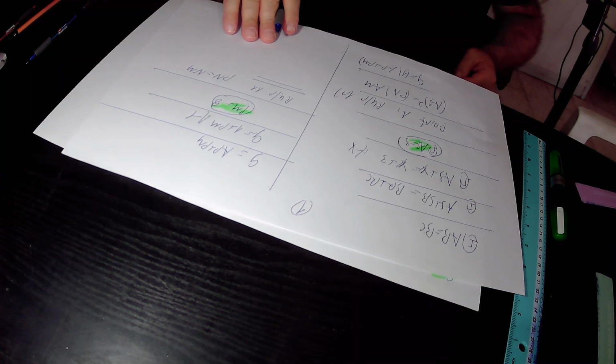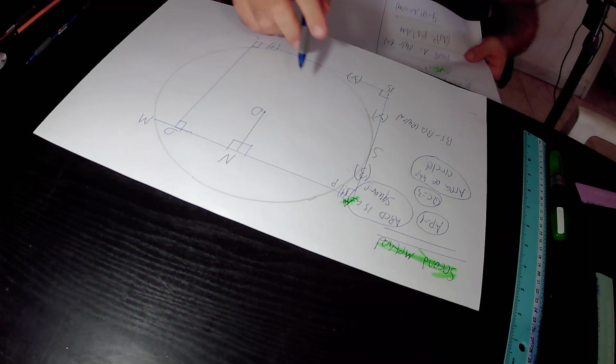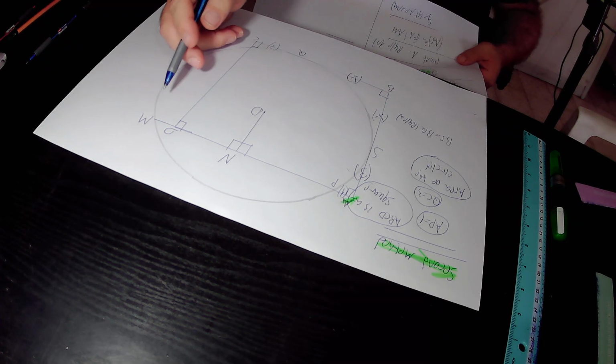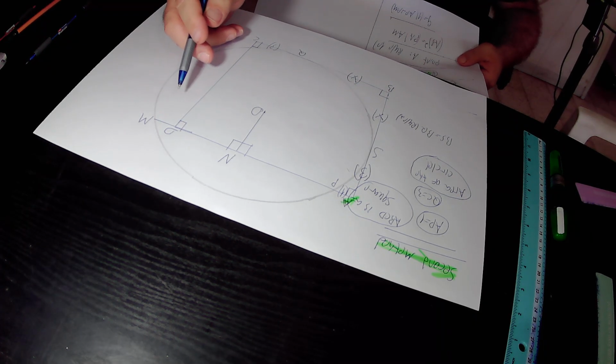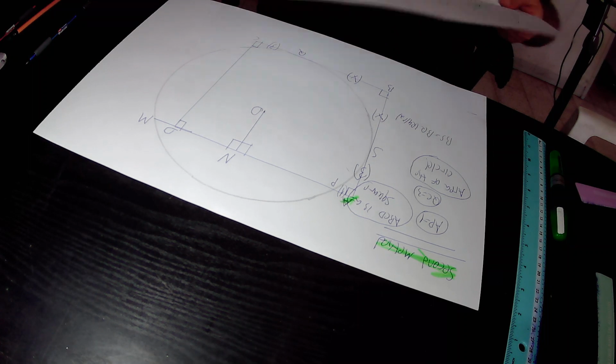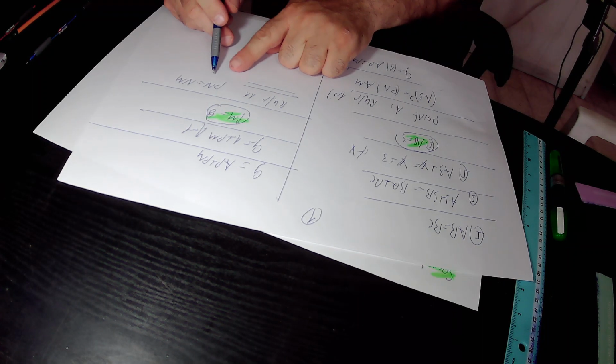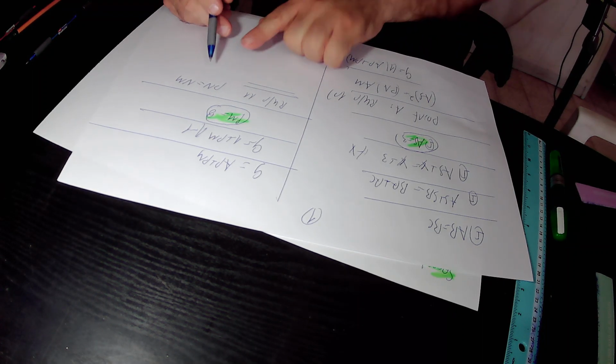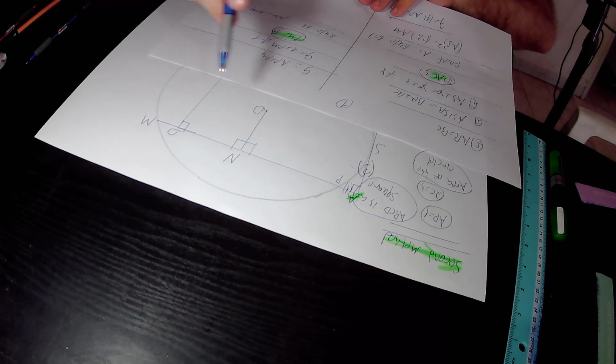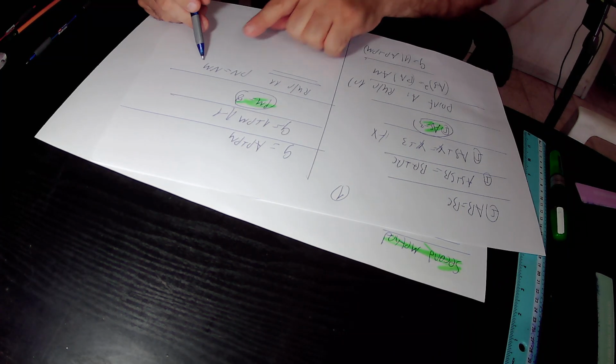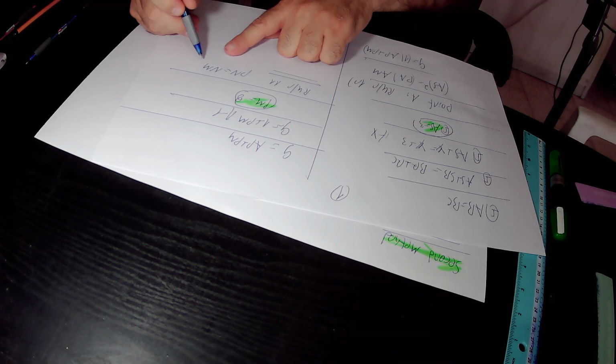And perpendicular ON bisects chord PM into two halves. Each half must be equal to PM over 2. So the first half is PN that is equal to PM over 2, and the second half is NM that is also equal to PM over 2.